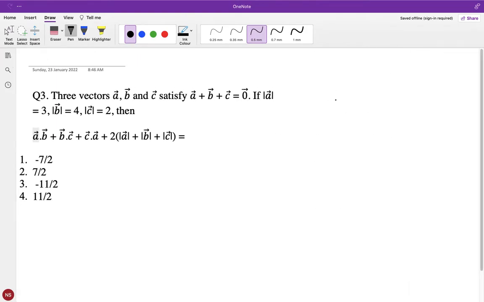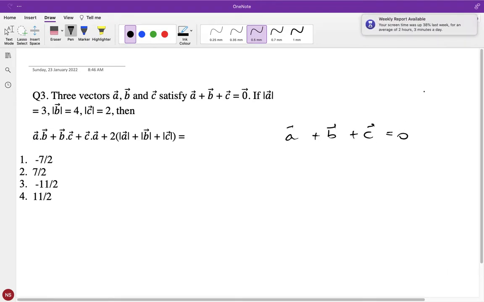Next one. I would say this was a bit tricky. A plus B plus C is given to be a null vector. Mod A is given, mod B is given, mod C is given. We have been asked for the value of A dot B plus B dot C plus C dot A. A plus B plus C is equal to 0.